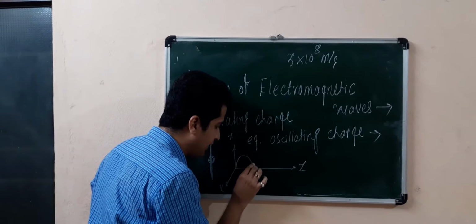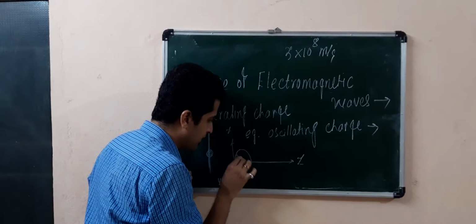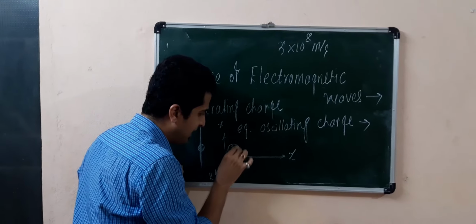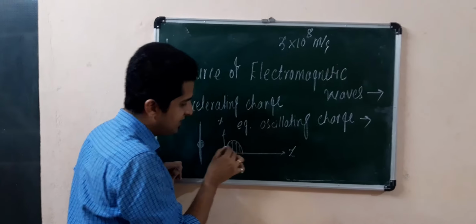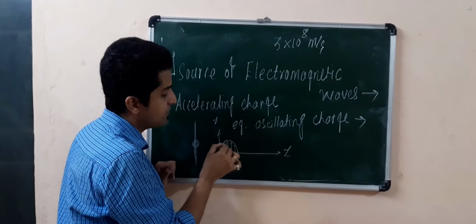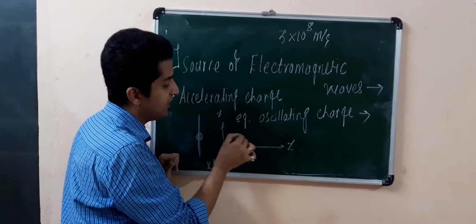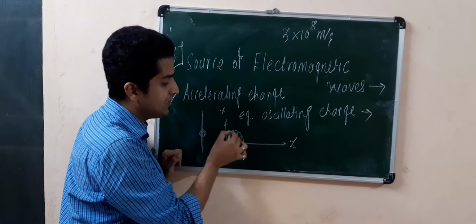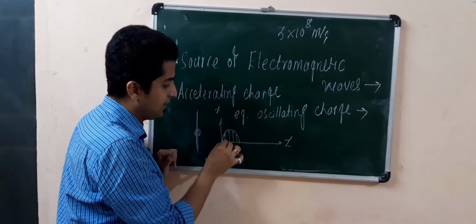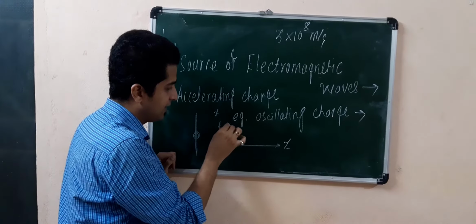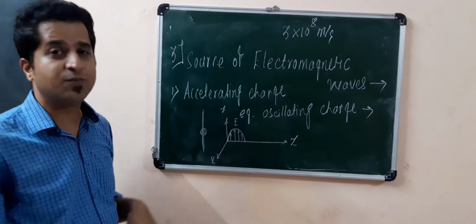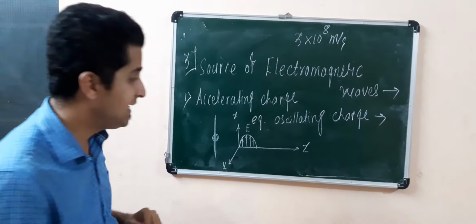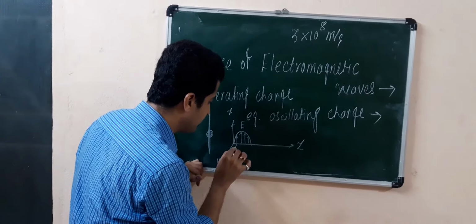A varying electric field. So here it is a varying electric field. Its magnitude at every point is different. So it is a changing electric field. Okay. This changing electric field is producing what? A changing magnetic field.